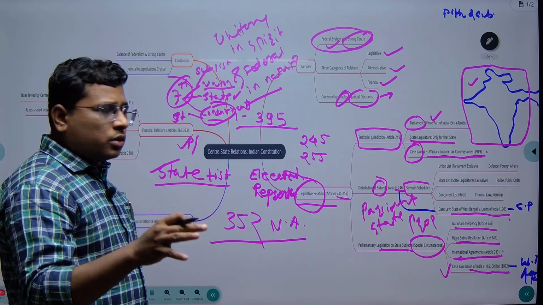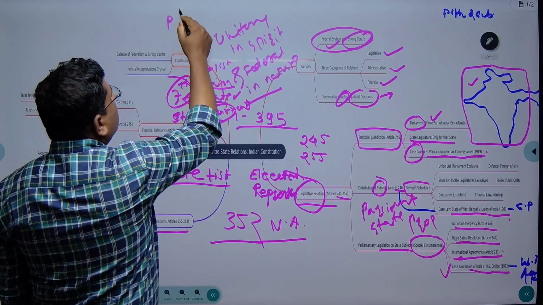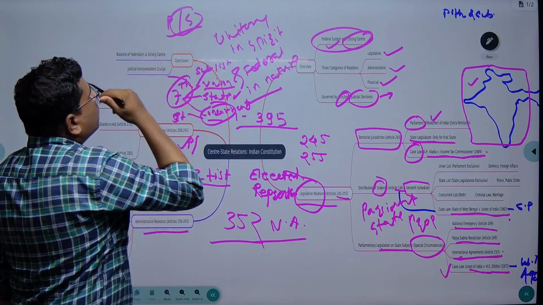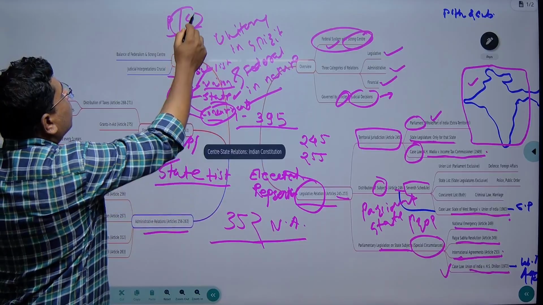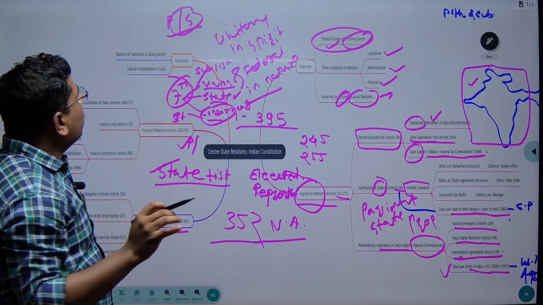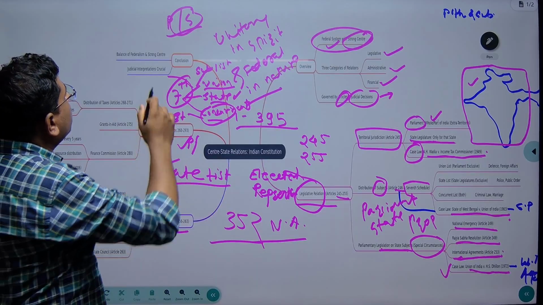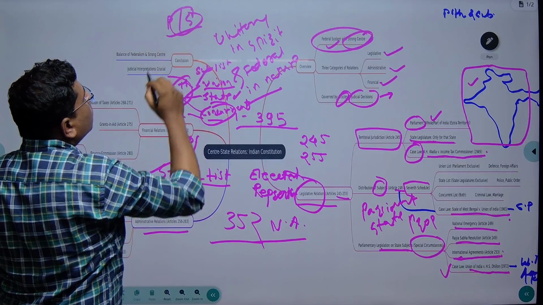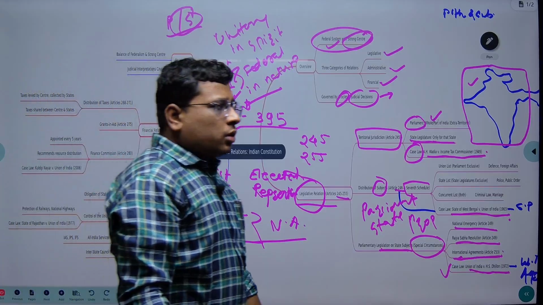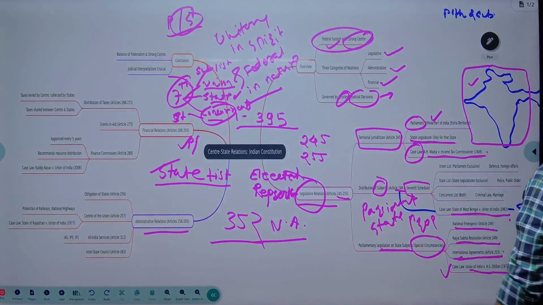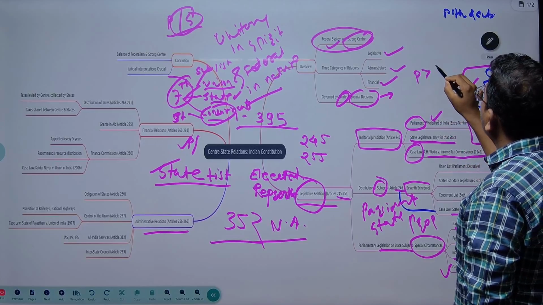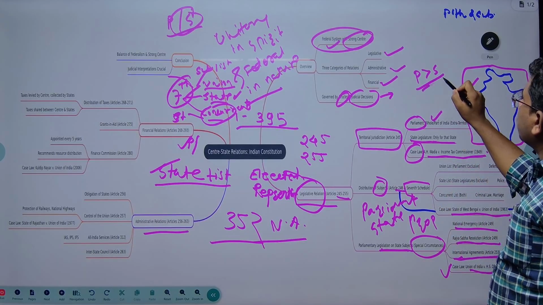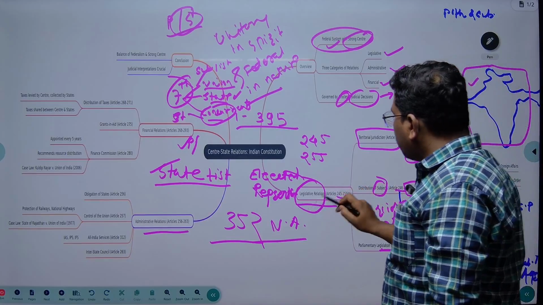And in the concurrent list both parliament and state can make laws, but the parliament's law prevails over the state law if the laws are contradicting each other, right? So these are the legislative relations.